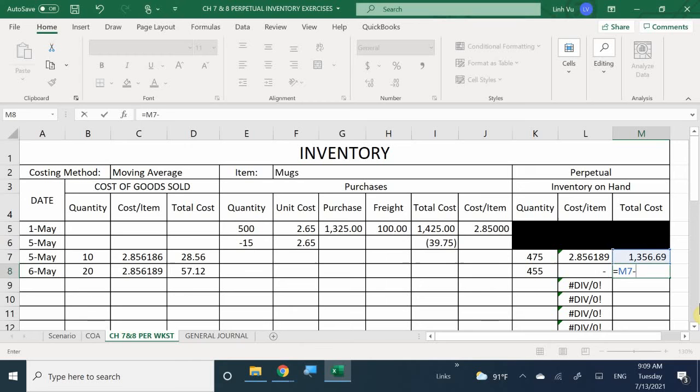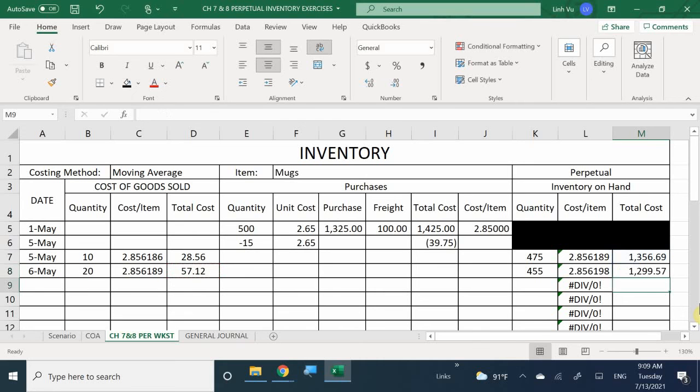Same thing here: I sold $57.12, so I should have a new grand total cost, and my average cost per item is still roughly the same.